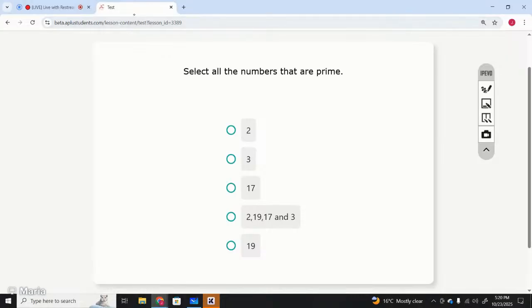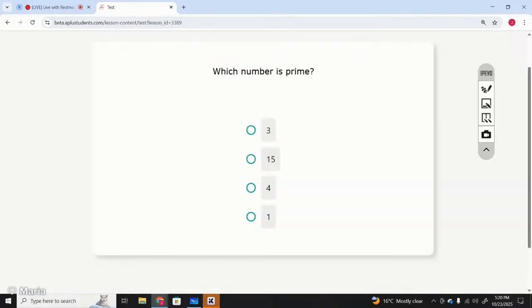Select all the numbers that are prime. 2, 9, 17, and 3, they are all prime numbers.